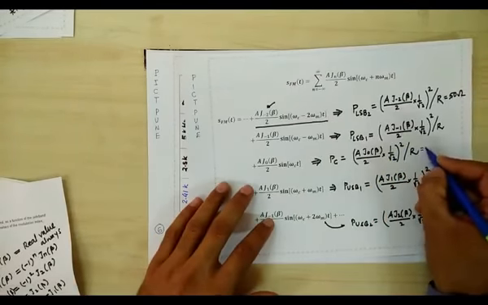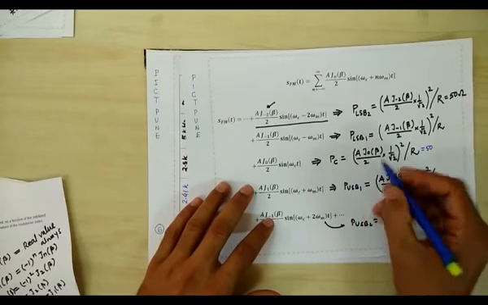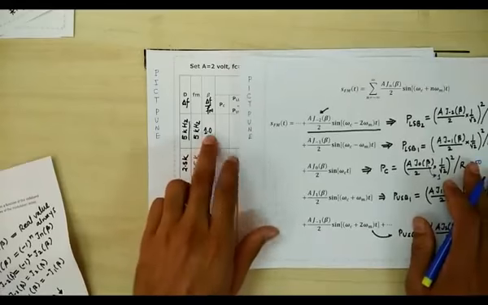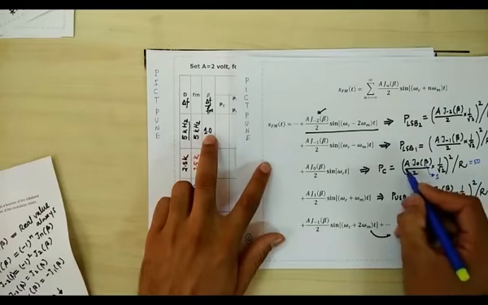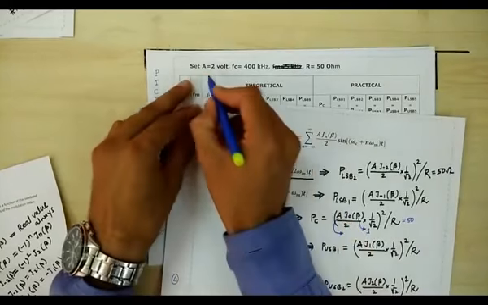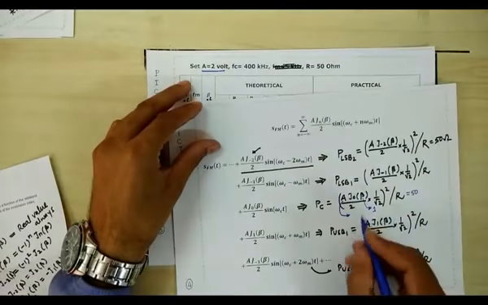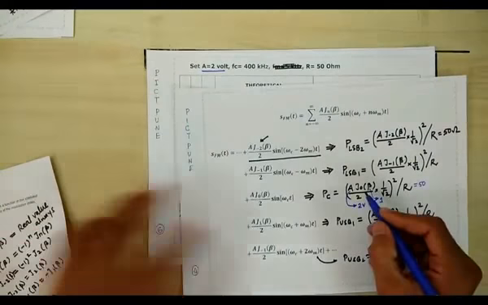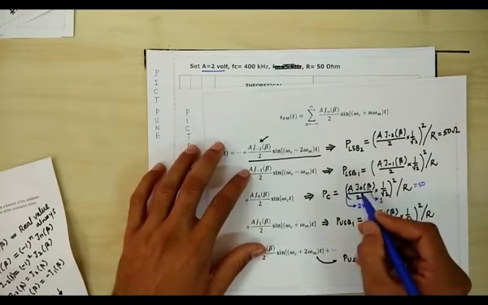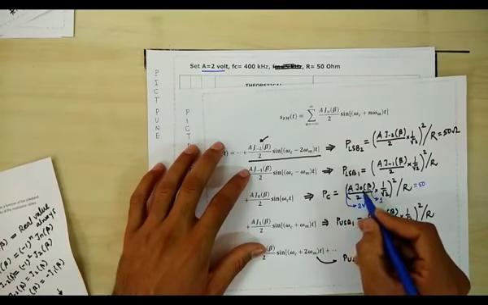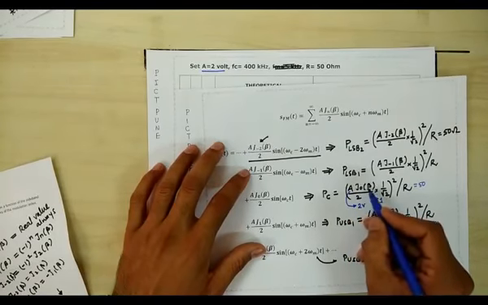R is 50 ohm in this case, beta is 1, and A we have set to 2 volt. So A upon 2 is 1, and this is J0 of 1.